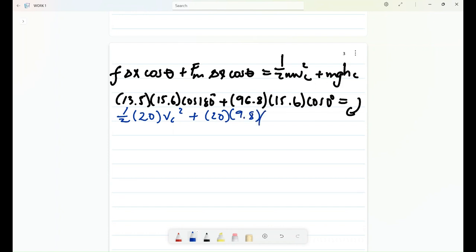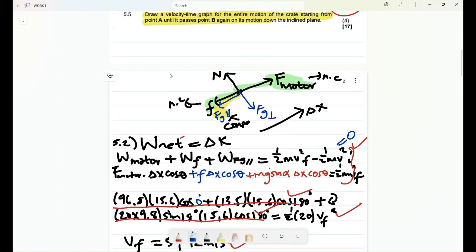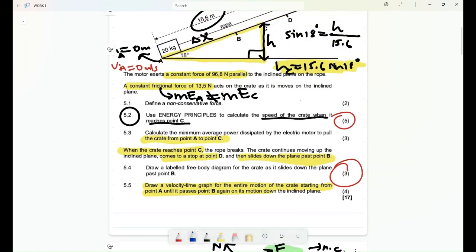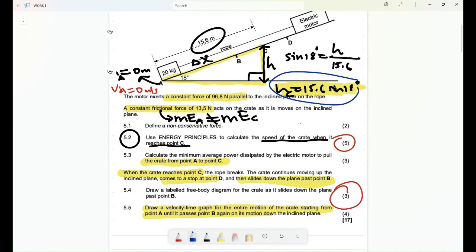What is my height? Remember my height was 15.6 sine of 18 degrees. Again, here it is here. Again, 15.6 sine of 18 degrees.